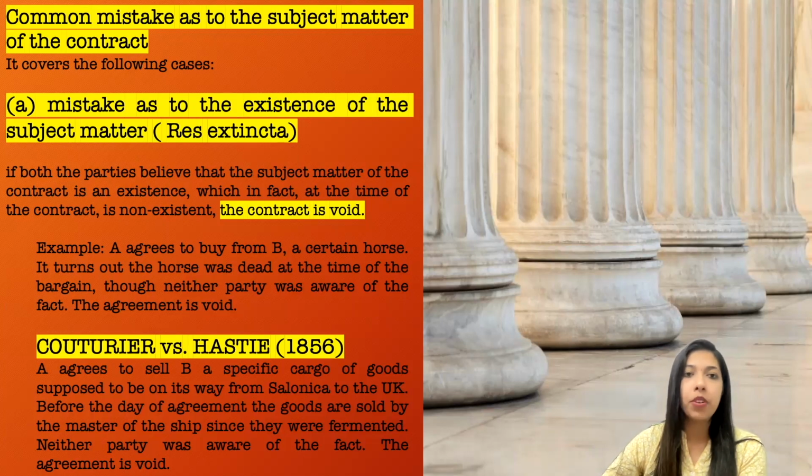I'll give you an example; I've already mentioned the example of the horse. A agrees to buy a certain horse from B, and it turned out that the horse was dead at the time of the bargain.